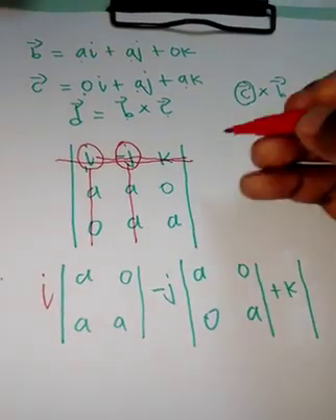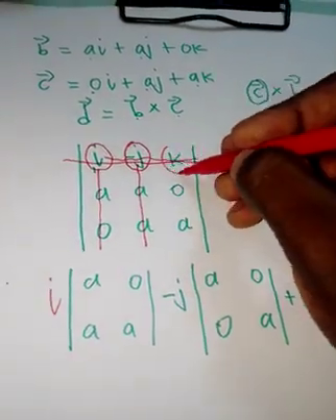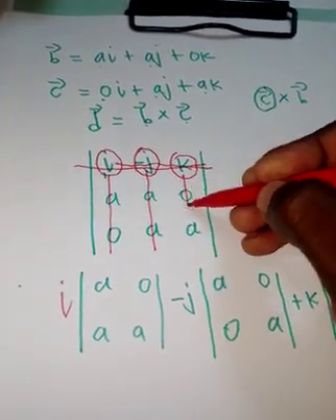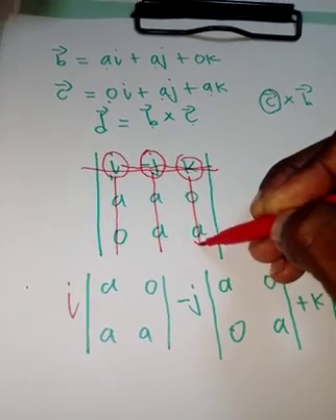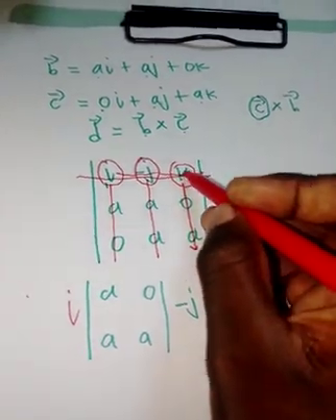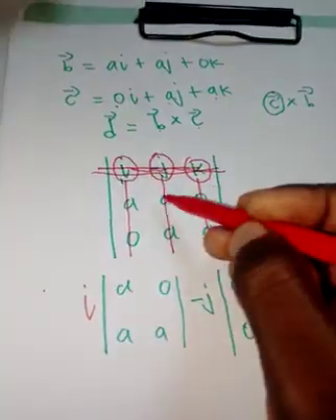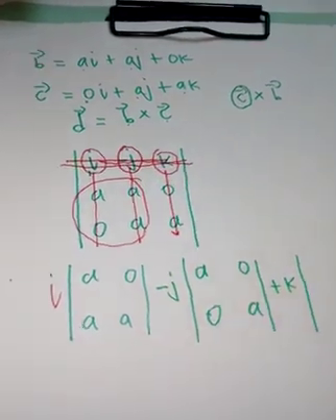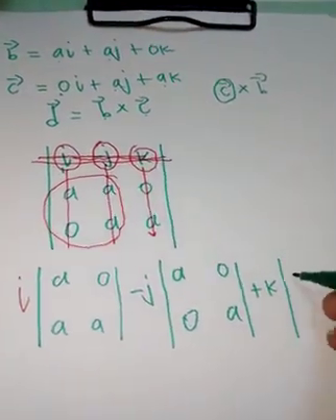Again, when you pick k there, the entire column of k should be eliminated, and the entire row of k should be eliminated like this. Then what remains should give you a 2 by 2 matrix.